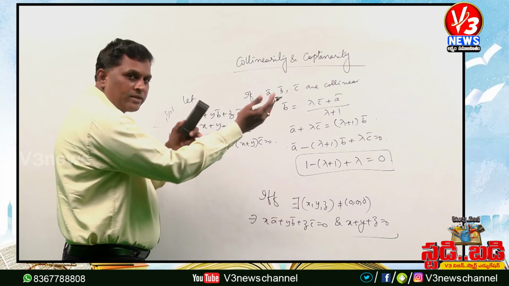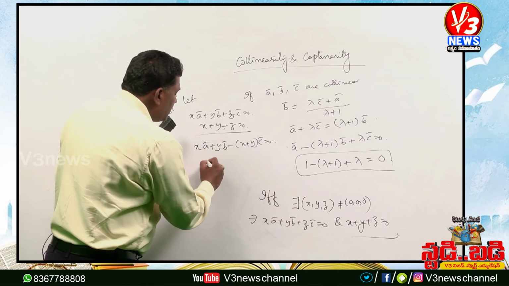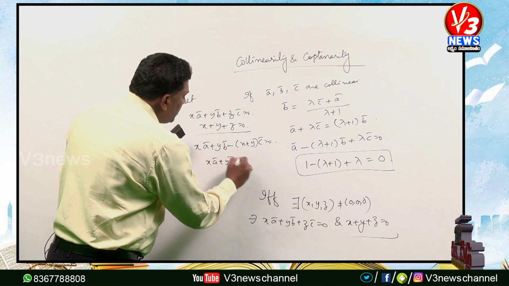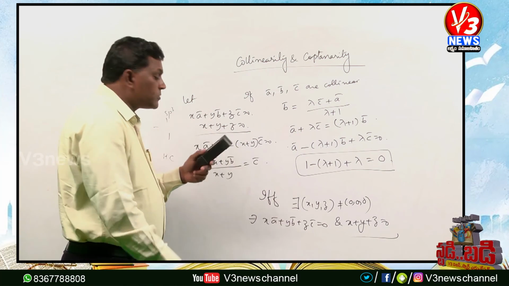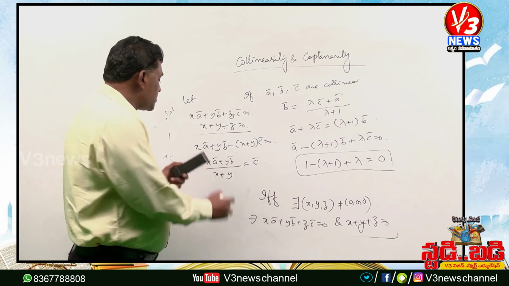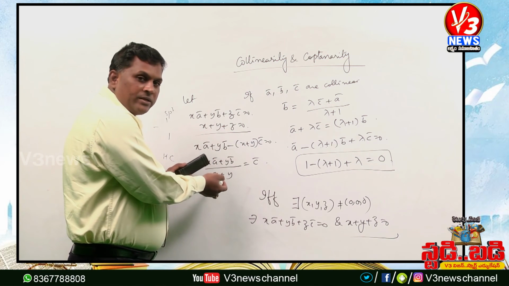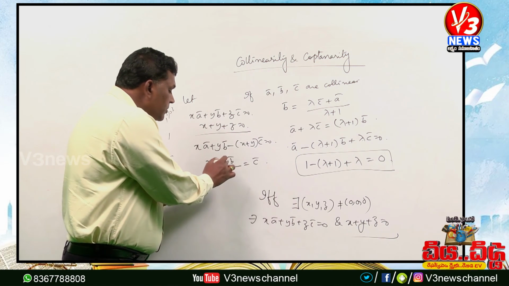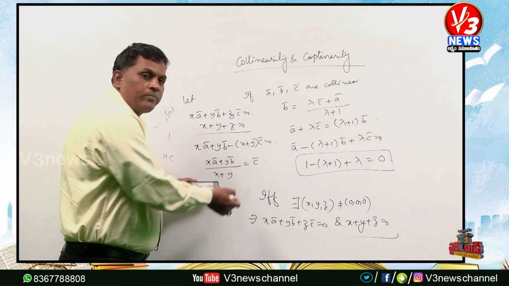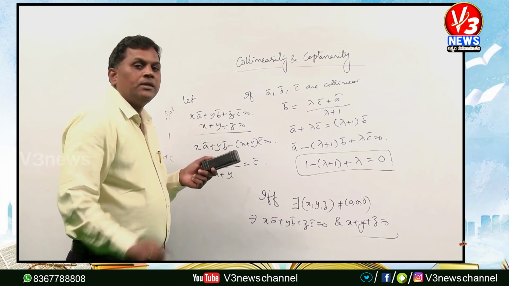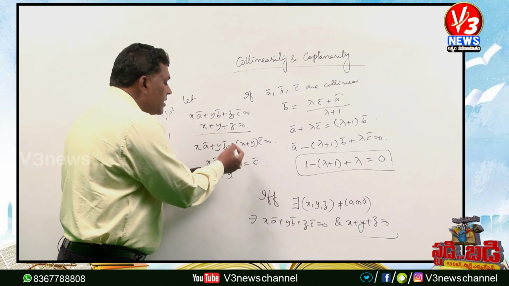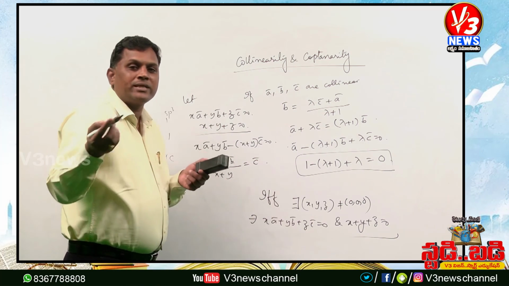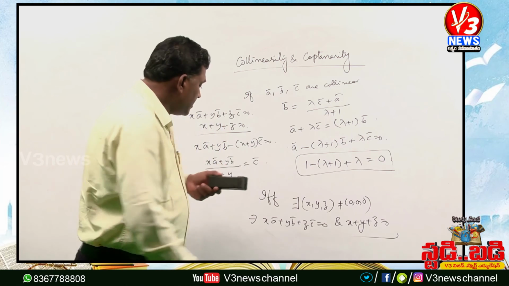Transfer this to the right side, and transfer x plus y again to this side, and we get (x a bar plus y b bar) by (x plus y) equals c bar. But what does it represent? Is it in the form of the section formula (m b bar plus n a bar) by (m plus n) or not? That means C is dividing a bar and b bar in the ratio y is to x internally.